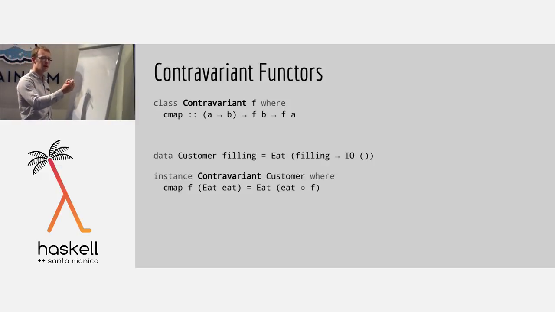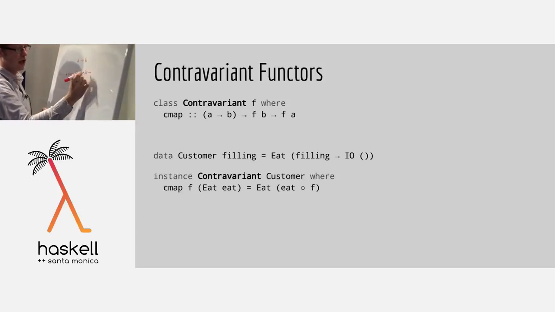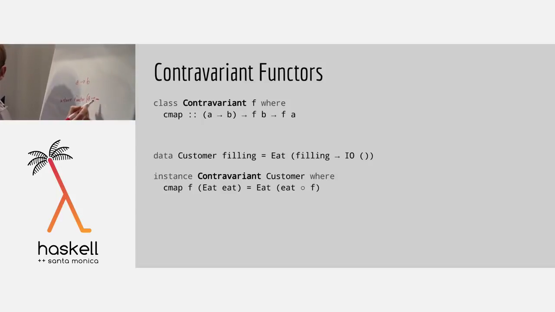I'm trying to think of a better one, but I mean the function arrow is sort of a typical one. Let's see. So I have A to B. Okay, so let's say I want to write an instance of functor for the second argument. So let's say we fix the first argument and we want to show that it's functorial in this piece.